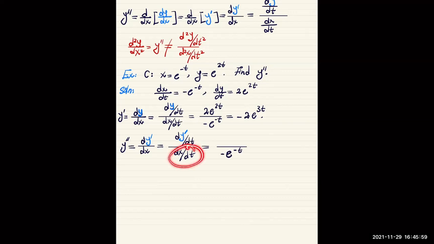Put that in the denominator. And on the top, we have to calculate dy prime dt, which is the derivative with respect to t of y prime. And we have y prime from the previous step. Y prime is negative 2e to the 3t.